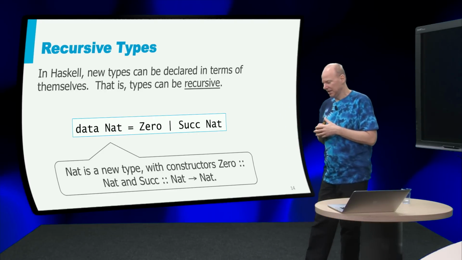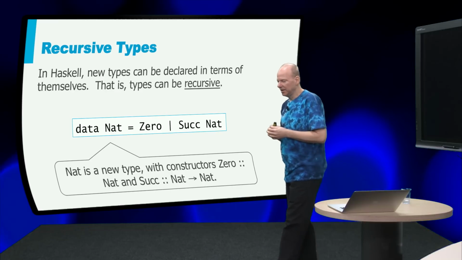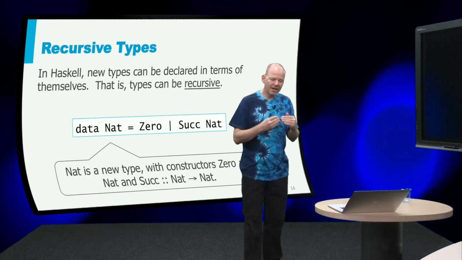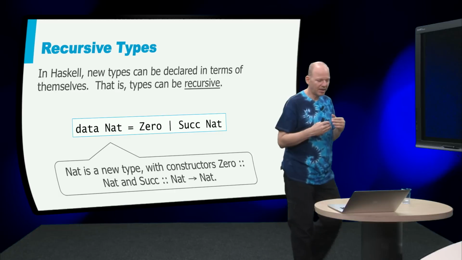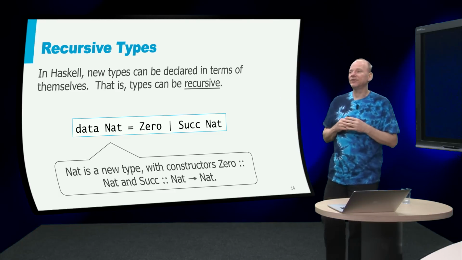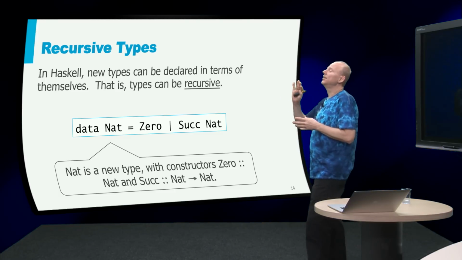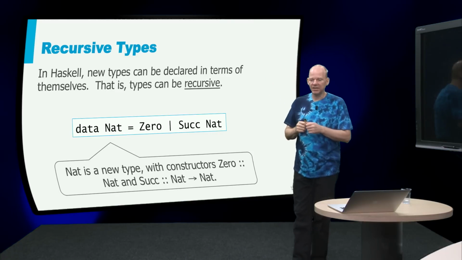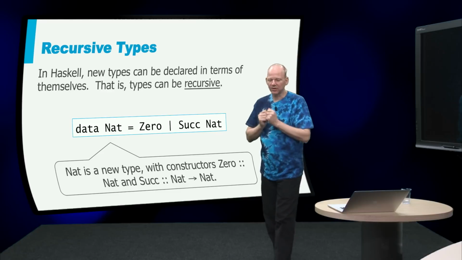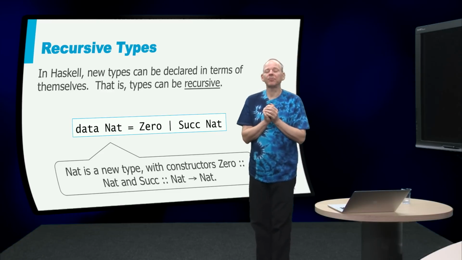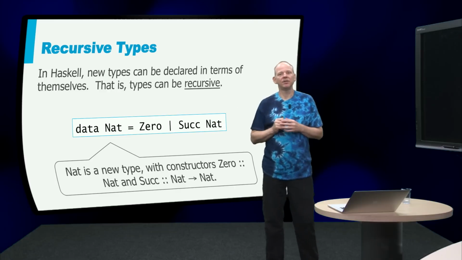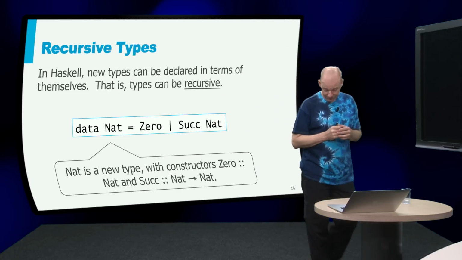If you recall the lecture on recursive functions, when we defined a function by recursion over integers, we said an integer can be either 0 or the successor of an integer. Since we don't have n plus k patterns anymore in Haskell, we would have to write n minus 1 on the right-hand side.